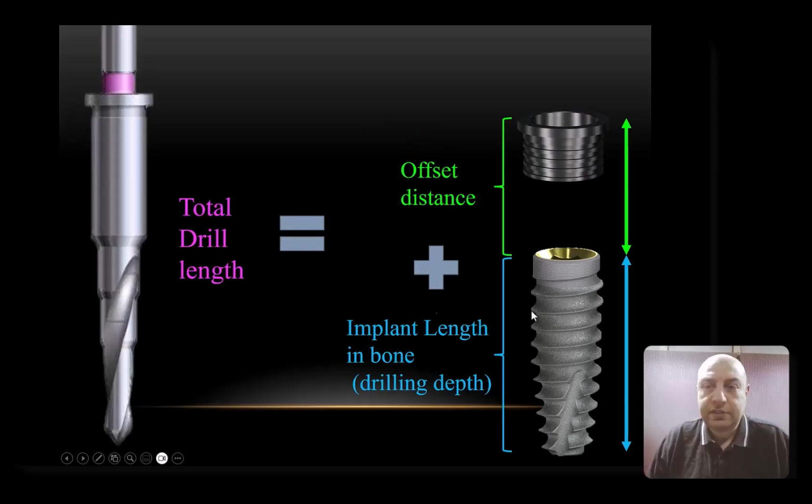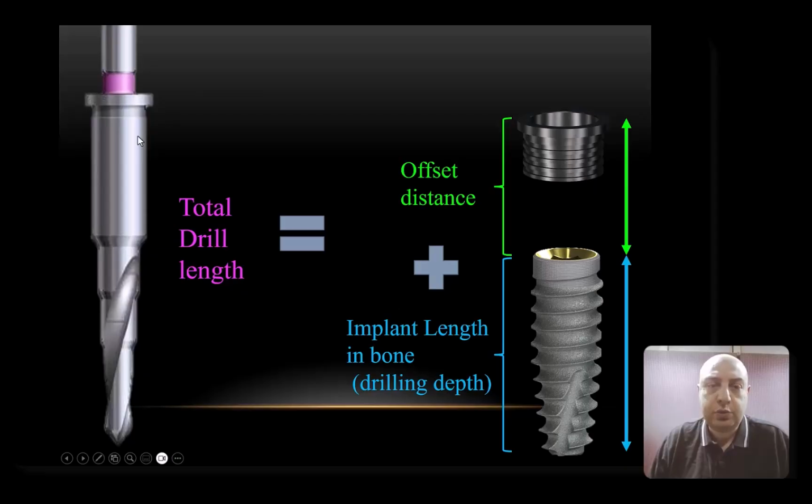So to calculate the offset distance, we have the total drill length. We know the total drill length from the manufacturer's instructions and catalogs of the system. And we know the implant length. The total drill length is supposed to be equal to the sleeve offset plus the total length of the implant.